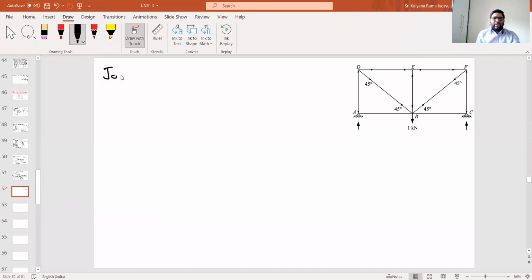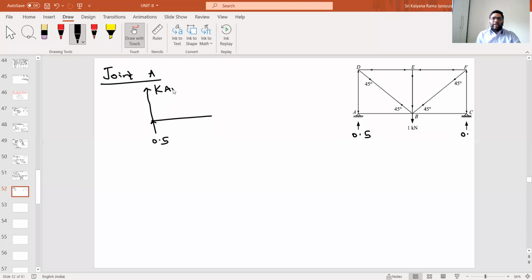Now take joint A, same process. So this is 0.5, this is 0.5. Again, symmetry will hold good. So this is 0.5.